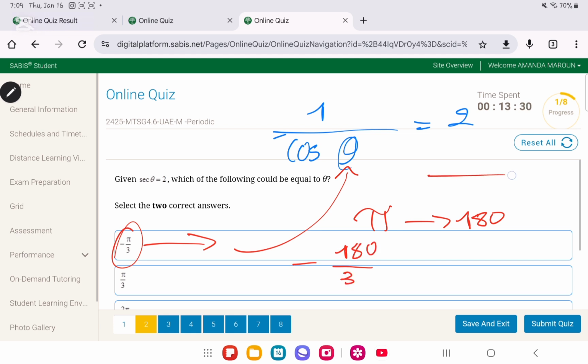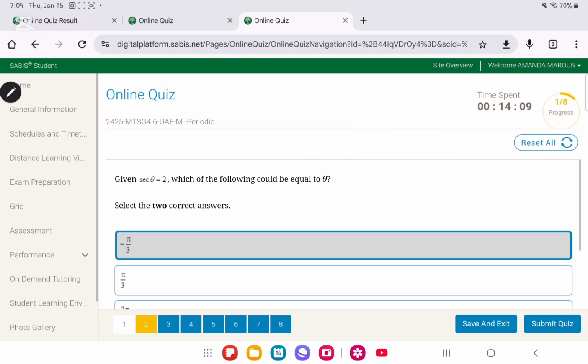So on your calculator, you write 1 over cosine minus 180 divided by 3. And you are going to get an answer of 2. So that means that definitely the first one is an answer.